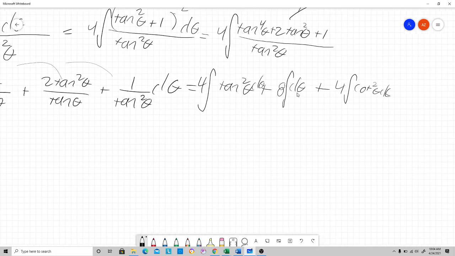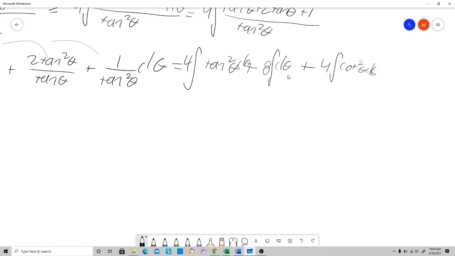So now let's individually do them. If I take the integral of 4 tangent squared theta d theta, that's the same thing as secant. Oh no, I'm sorry, that's not the same thing as secant. This doesn't really have a clean integral, so we have to represent it with a trig identity.